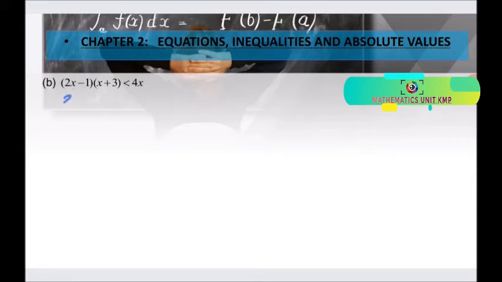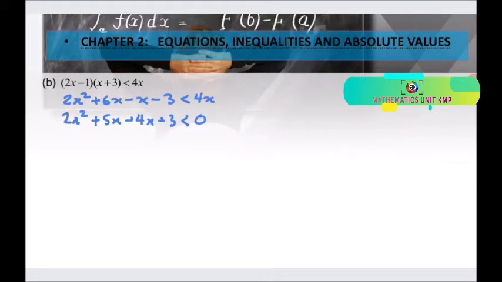We'll get 2x squared plus 6x minus x minus 3 less than 4x. Let's simplify: 2x squared plus 5x, and bring 4x to the left hand side, we'll get minus 4x minus 3 less than 0.